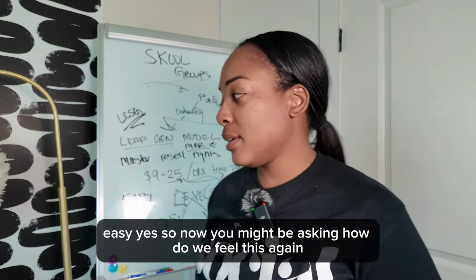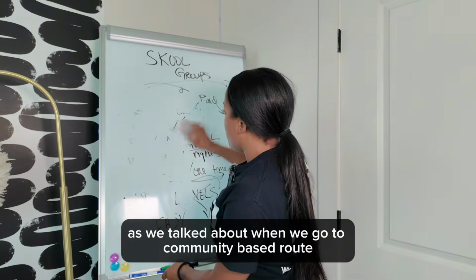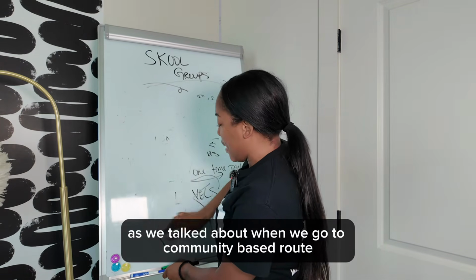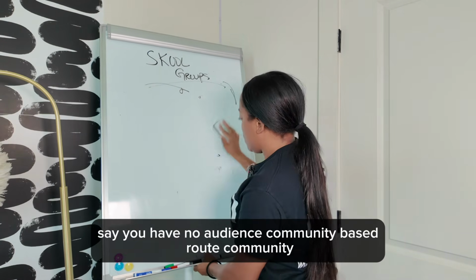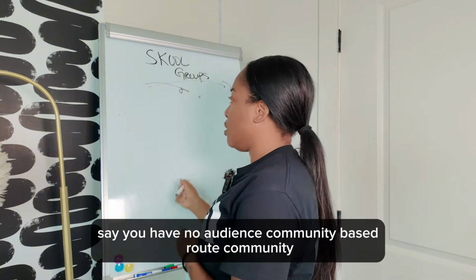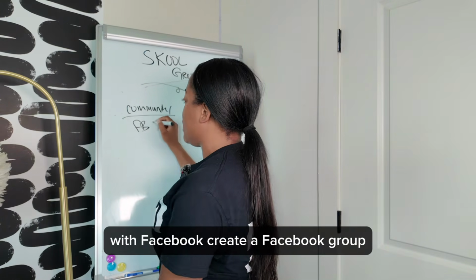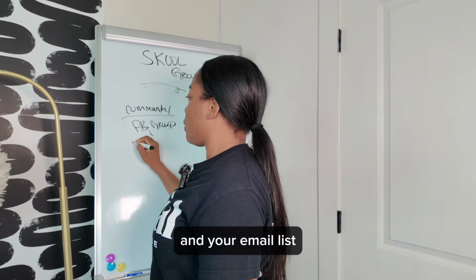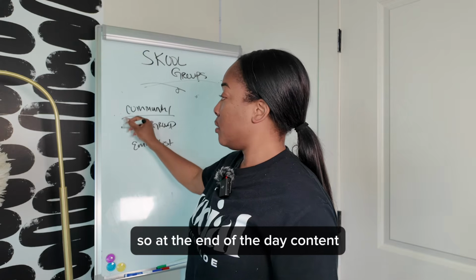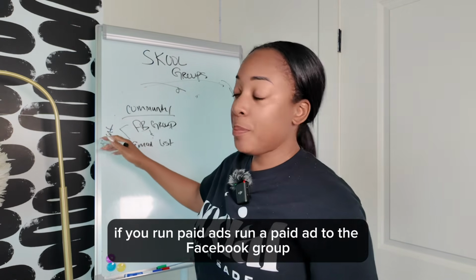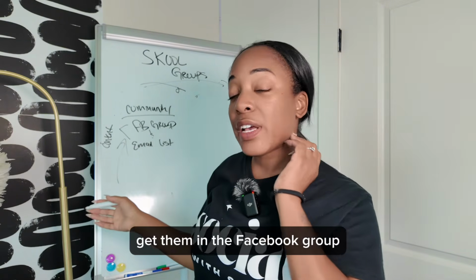Now you might be asking, how do we fill this? Again, as we talked about with the community-based route, if you have no audience, you can start with a community on Facebook: create a Facebook group and your email list. So at the end of the day, content. If you run paid ads, run a paid ad to the Facebook group and get them in the Facebook group.